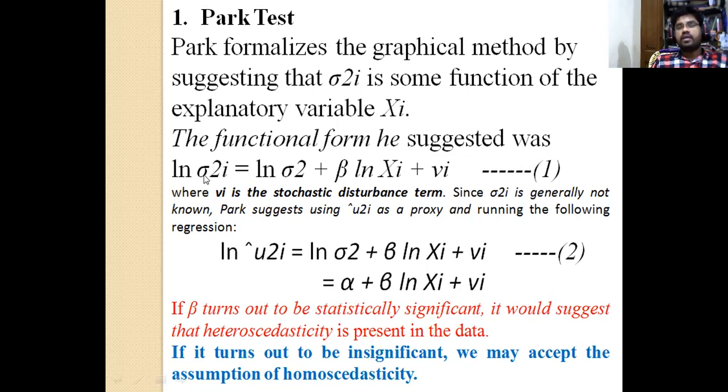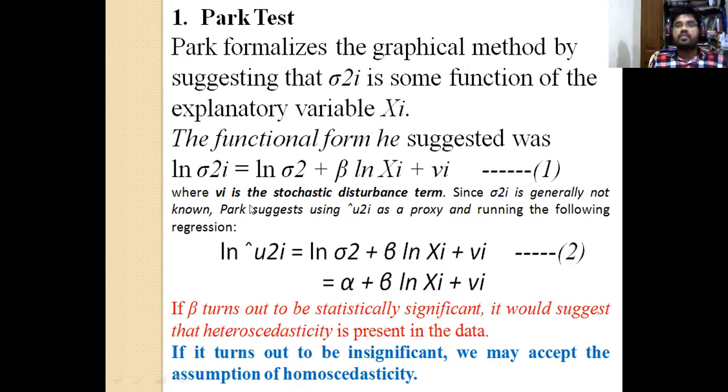Sometimes, as I told you, the error term is indicated with mu, epsilon, u, and e. But here, v is nothing but a random variable. Here the error depends on another error term.